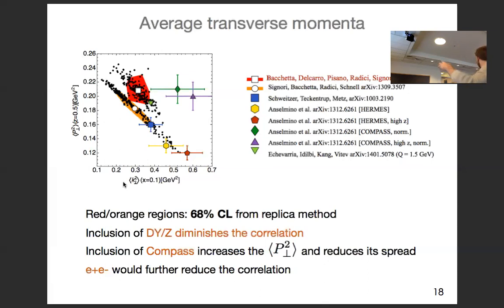This blob is a little bit more expanded than the lines that you see from other fits. The inclusion of COMPASS, which is not included here, increases the average transverse momentum QT and reduces its spread. And possibly e+e- data would further reduce correlation. But for the moment, the situation is like this.